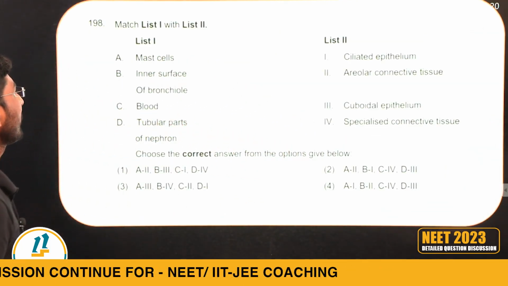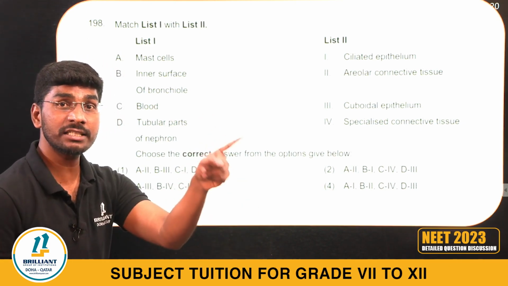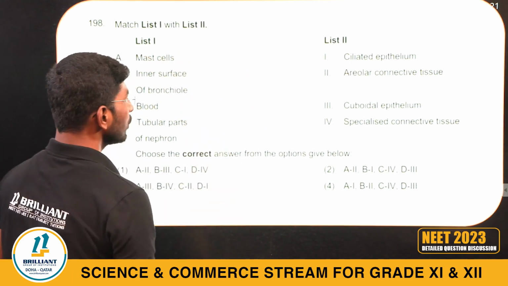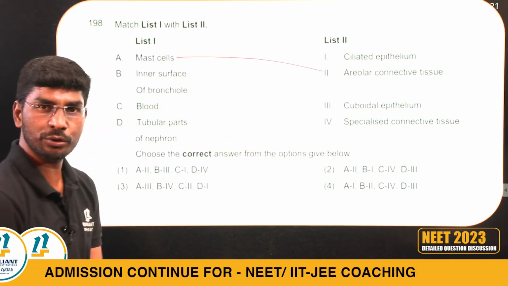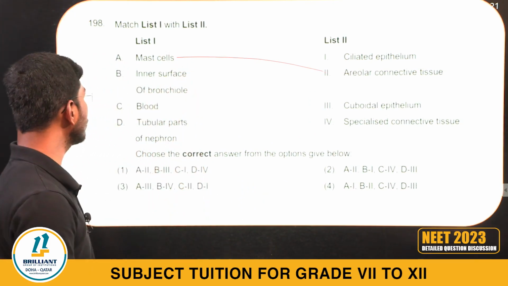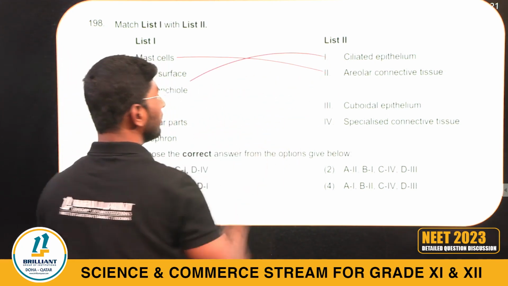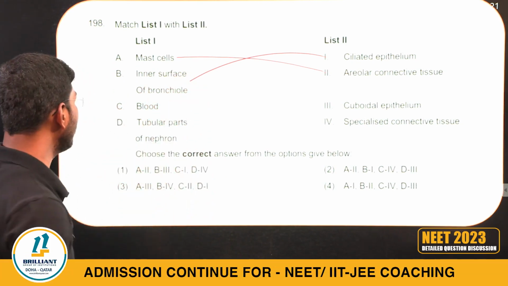198. Mast cells irritate and release histamine, an inflammatory substance. Mast cells are in areolar connective tissue, loose connective tissue. Inner surface of bronchiole, ciliated epithelium. Bronchiole, fallopian tube, ciliated epithelium.